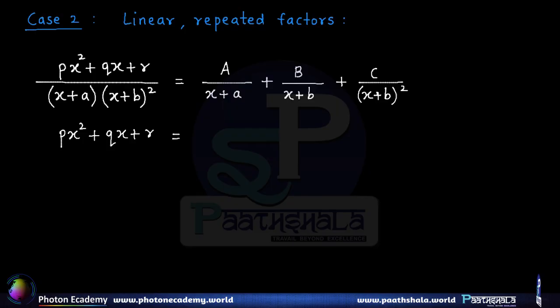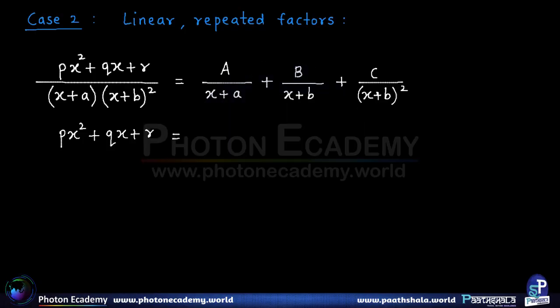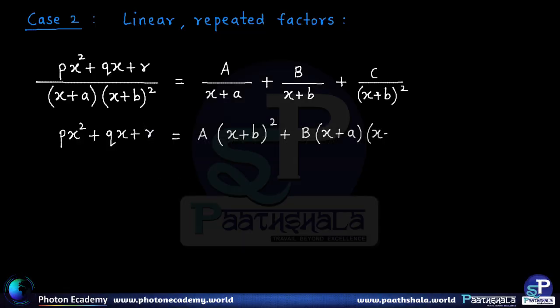Here we have px square plus qx plus r given by, on the right hand side, A will get multiplied with x plus b the whole squared, plus B will get multiplied with x plus a and one additional occurrence of x plus b, and C will get multiplied just with x plus a, as we know by cross multiplying and making it single term.